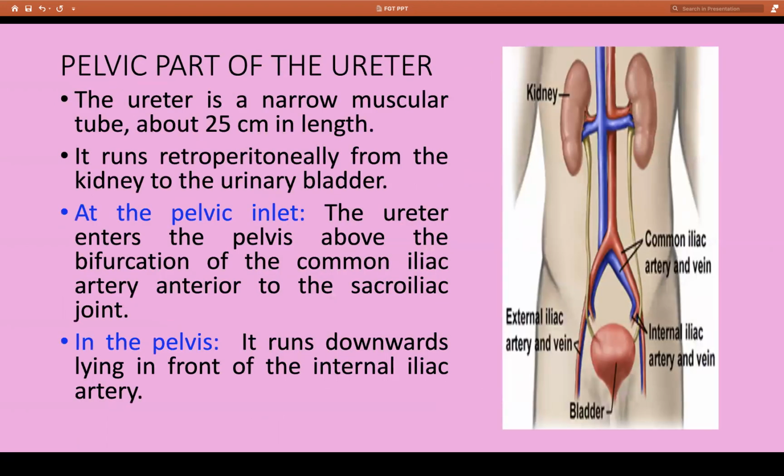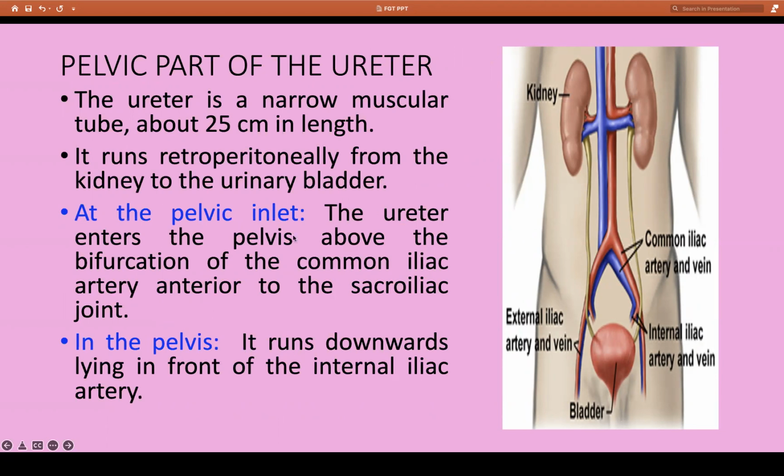Now come to the ureter and its significance. The ureters are 2 narrow muscular tubes, 25 centimeters in length, running from both kidneys retroperitoneally downward and entering the pelvis at the level of the pelvic inlet.